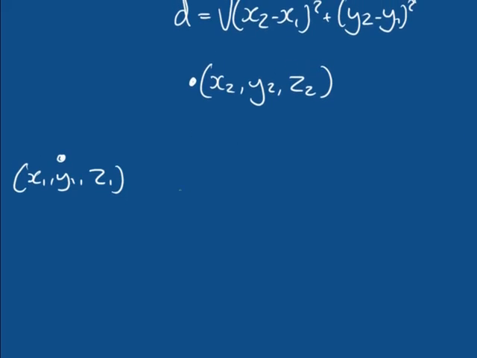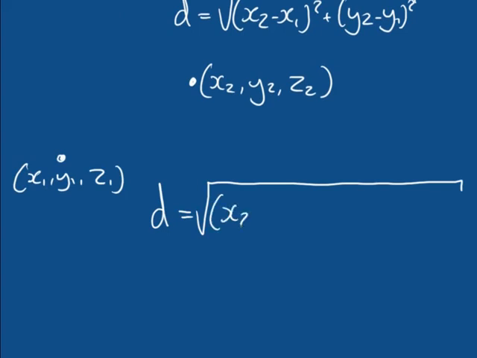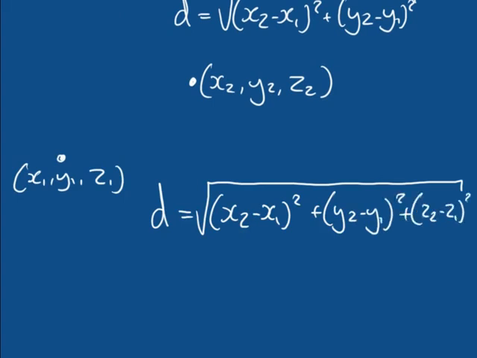We saw that this distance is equal to the square root of (x2 minus x1) squared plus (y2 minus y1) squared plus (z2 minus z1) squared. So the distance is how far we have travelled in x, squared, plus how far we have travelled in y, squared, plus how far we have travelled in z, squared.